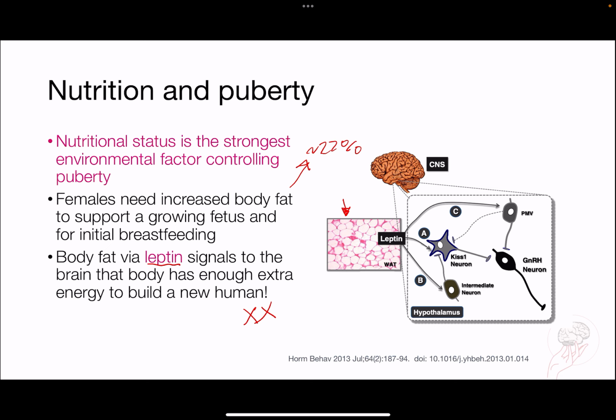So leptin signals through the CNS and it goes to a neuron called kisspeptin. And kisspeptin is what permits puberty.